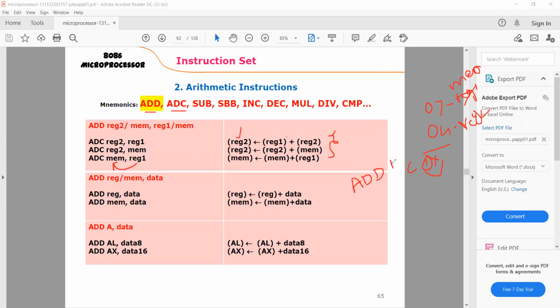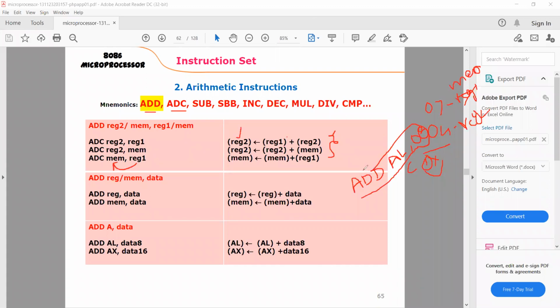Suppose I am using 8-bit data. I use an 8-bit register: ADD AL, 08.